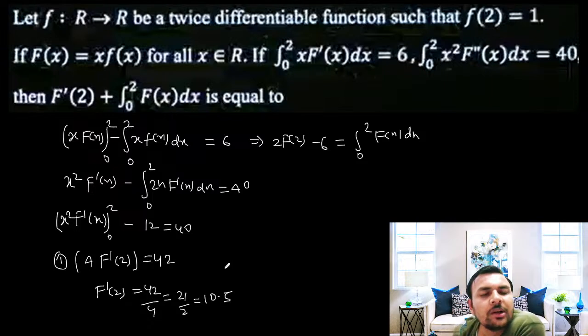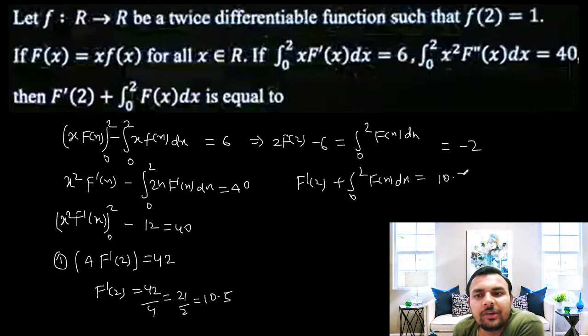The f(2) value is 1, so 2 into f(2) minus 6 gives minus 4. So the sum, f dash 2 plus the integral from 0 to 2 of f(x) dx, is 10.5 minus 2, which is 8.5.